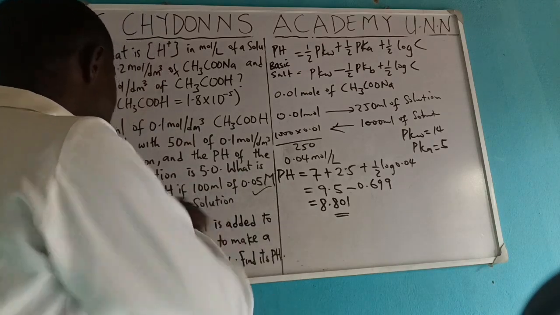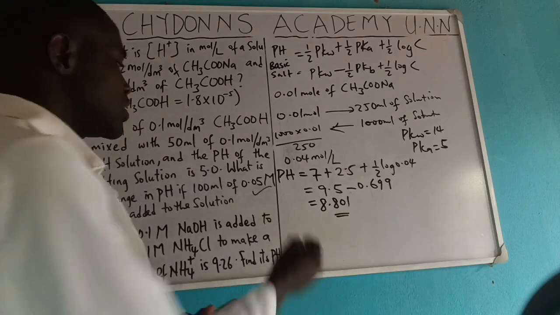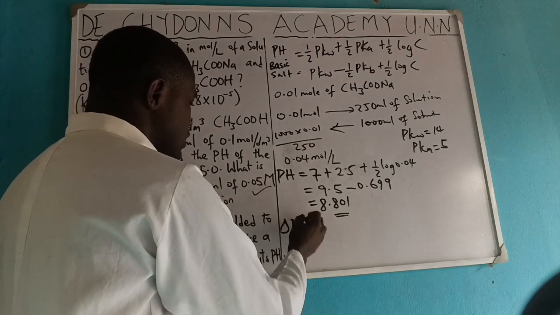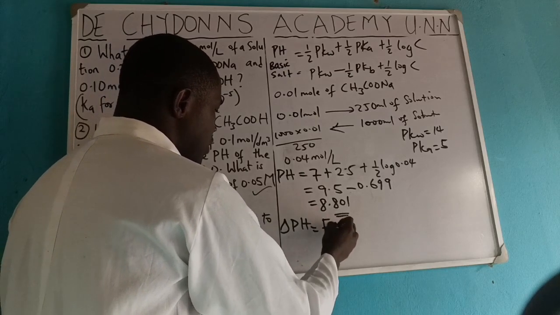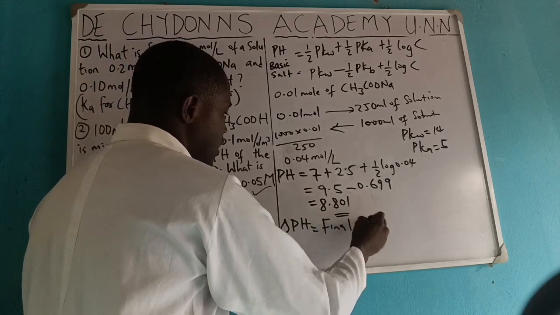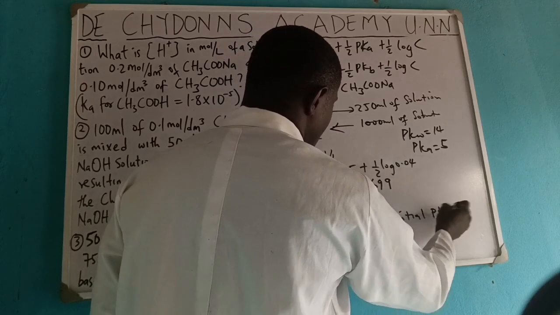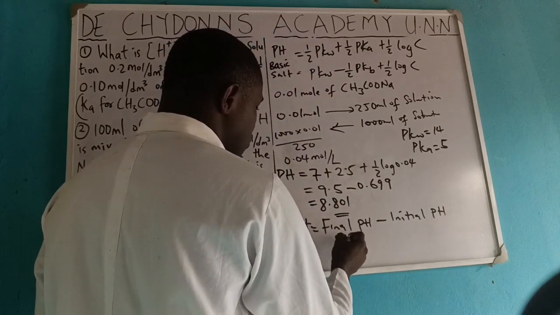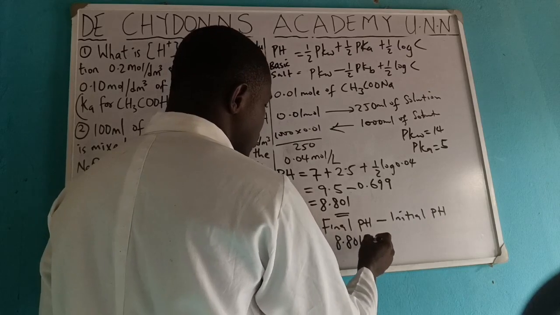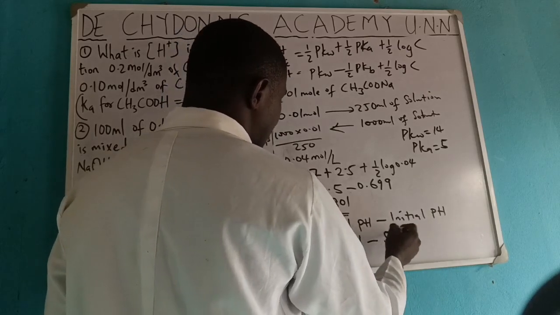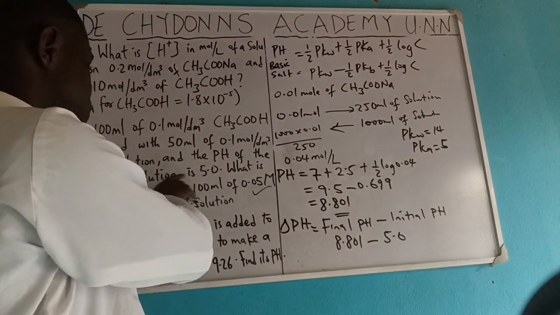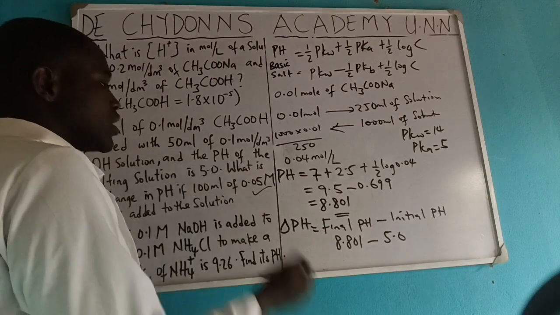Now, but they say, what is the change in pH? Change in pH is equal to this final pH minus initial pH. And what is the final pH? We have it to be 8.801. Initial pH is 5.0. They gave it to us, pH of 5.0.